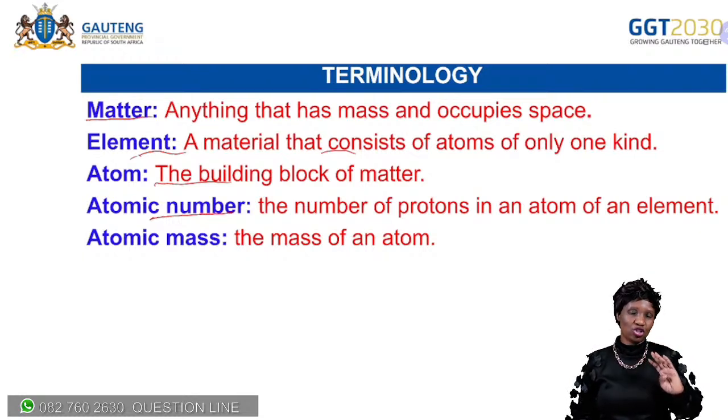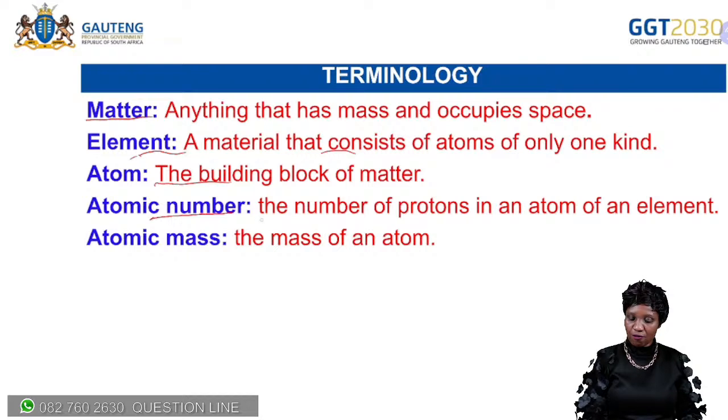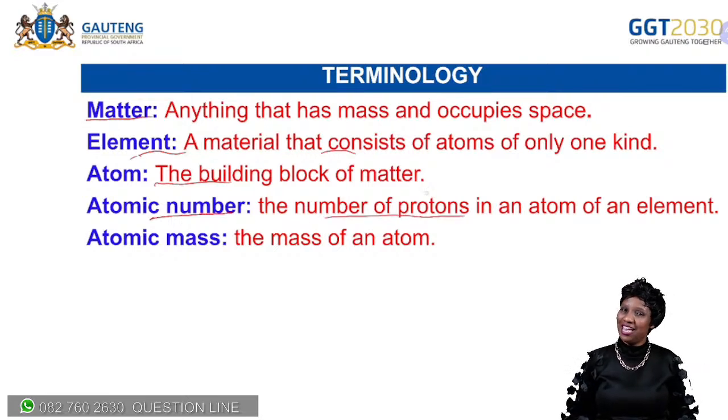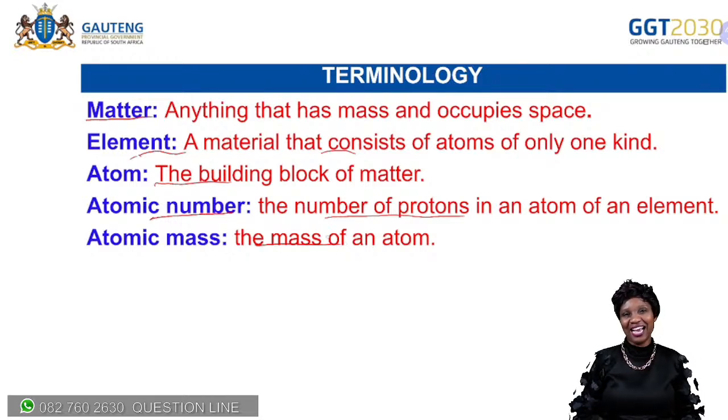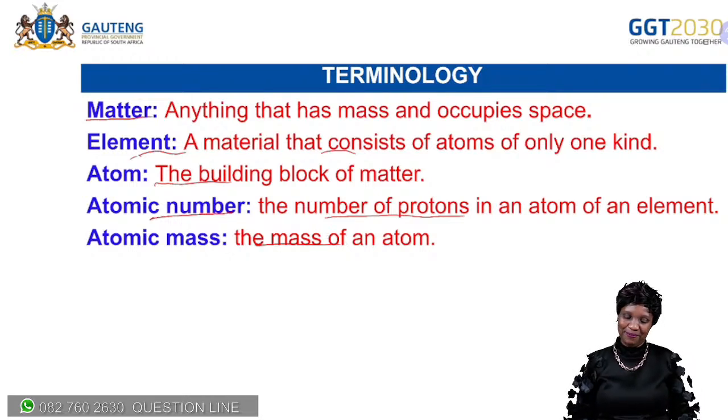All right, the atomic mass. Therefore, the atomic number is the number of protons in an atom of an element. Okay. And then the atomic mass, this is the mass of an atom. All right. Let's move on.